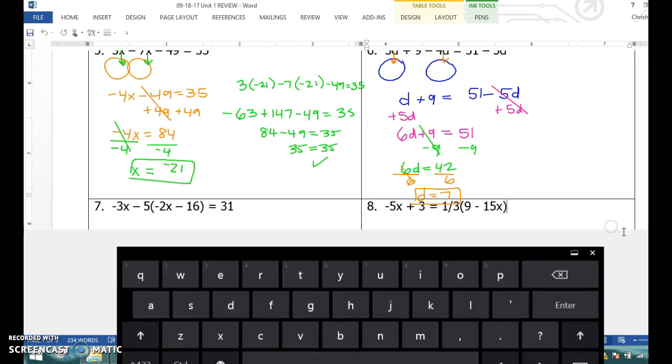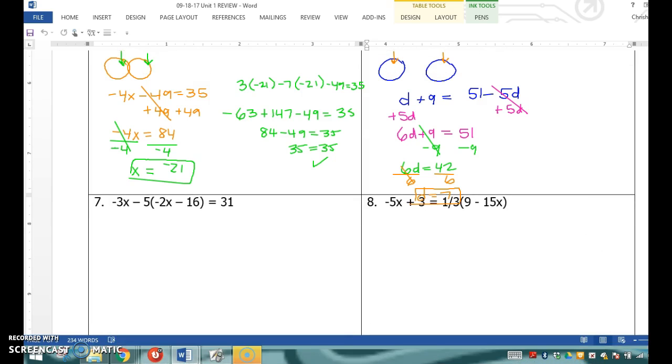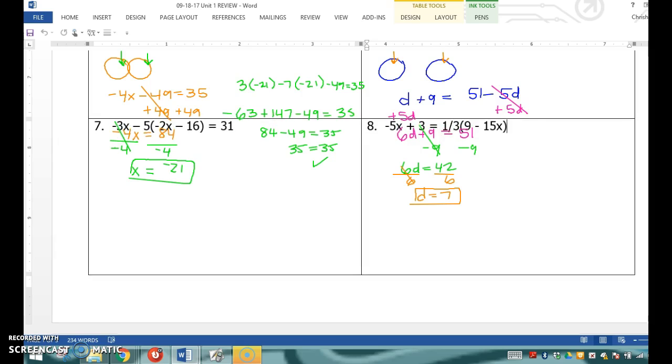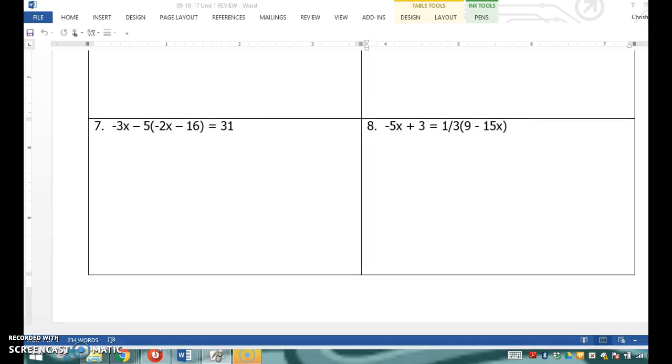All right, we got 2 more. Ooh, distributive property. When we see a number, a constant, in front of these parentheses, we need to multiply by all the terms that are inside. So distribute, distribute.